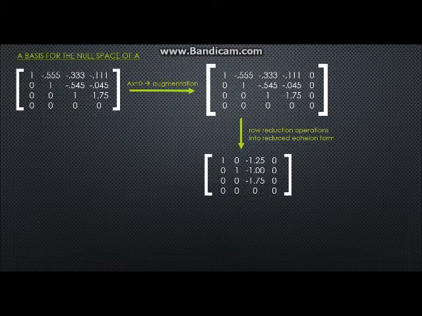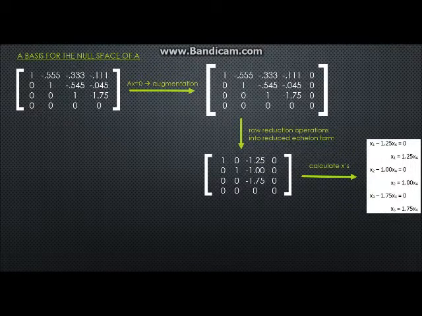I went ahead and did this just to show you, and see we have our x1 times 1, x2 doesn't exist in this equation, and then since it's plus a negative, I went ahead and did minus 1.25 times x4, since x4 was our free variable, since it was this column of zeros.